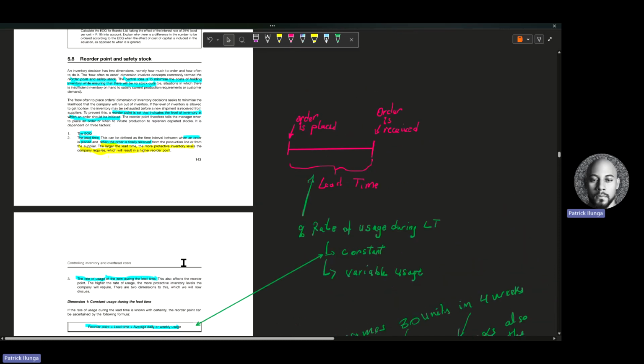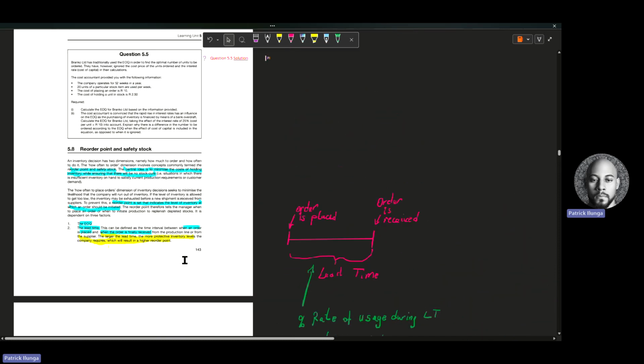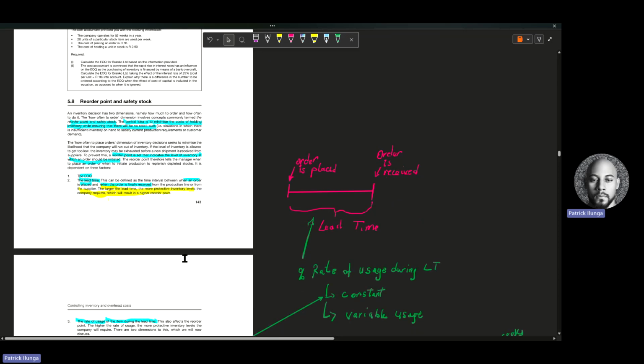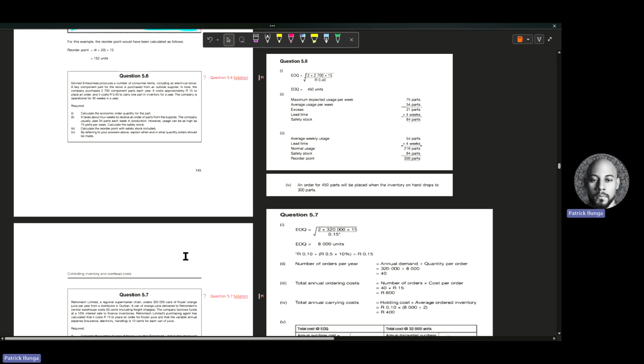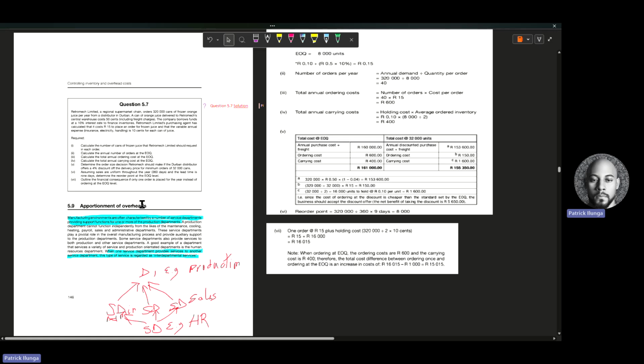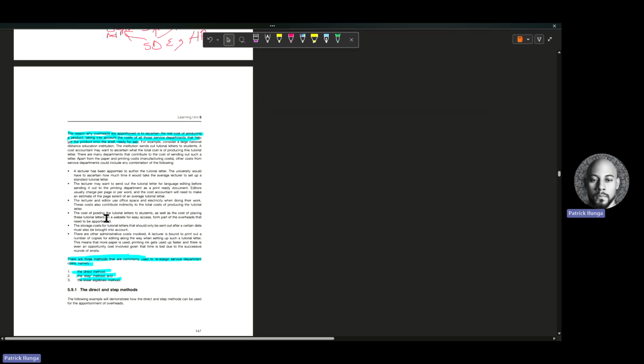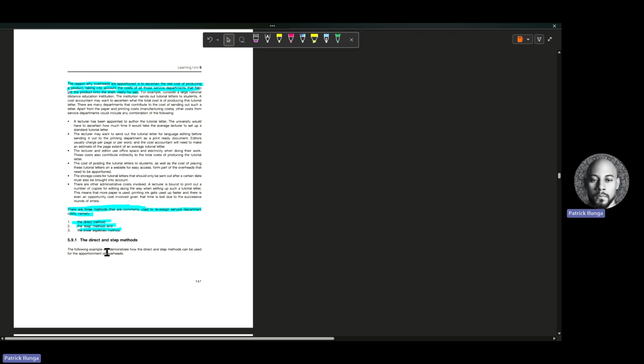All right. I trust that this is clear. We have covered it thoroughly, and we're not going to come back to it. Part 3 is already available to you in the pathway that I've provided. Please use these exercises. The last part is the apportionment of overheads, which is very important, and there are 3 methods that you need to worry about: the direct method, the step method, and the linear algebraic method.